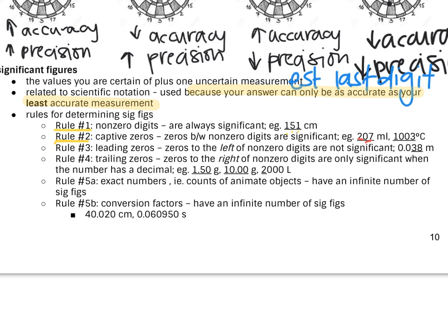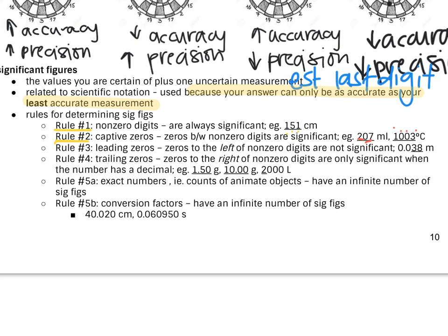It is meaningful because it's in between those 2 numbers and it's part of that measurement, okay? This one right here would have 1, 2, 3, 4 significant figures because both of those zeros are captive and located between non-zero digits.